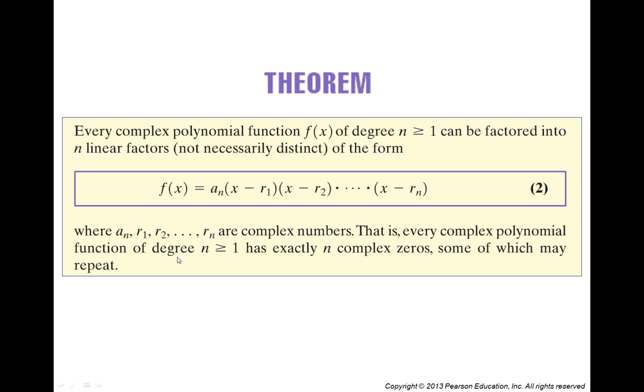That is, every complex polynomial function of degree n greater than or equal to 1 has exactly n complex zeros, some of which may repeat.